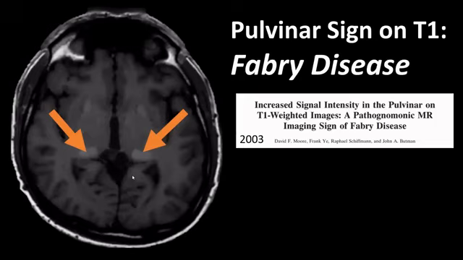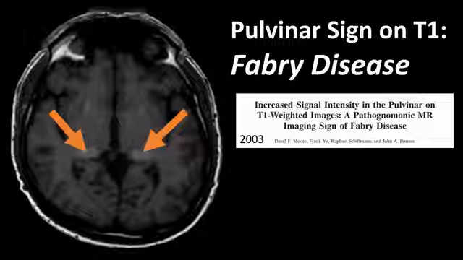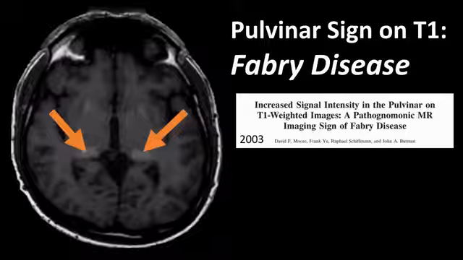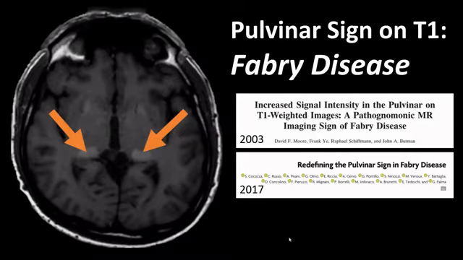Fabry disease is a multi-system genetic disorder, will involve multiple organs, can also involve the kidneys, for instance. And this is also an example of how signs, their importance can vary with time. In 2003, this pulvinar sign was described as a pathognomonic imaging sign of Fabry disease.